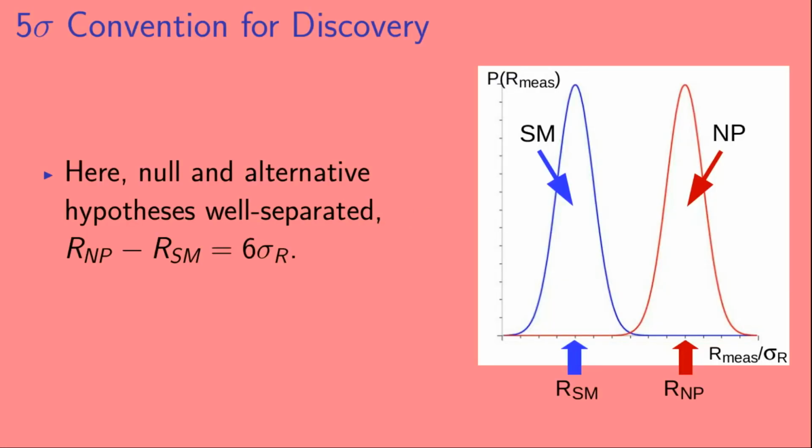Okay, so here let's take a scenario where the null and alternative hypotheses are very well separated. So here RNP minus RSM is equal to 6 times sigma R, so 6 times the standard deviation of either of these two Gaussians.